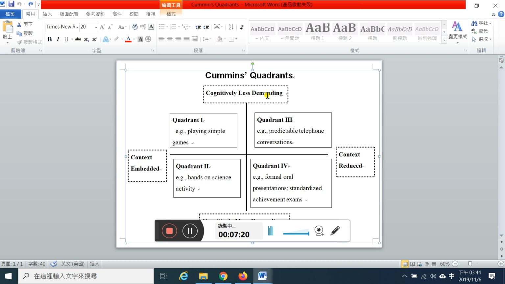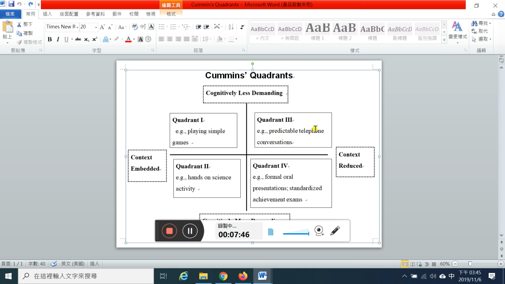Less demanding means more concrete conversation, however, without contextual clues. So we can see predictable telephone conversation. I bet most of you have experience using a second language to talk on the phone, whether for bank issues, technical problems, credit card issues, or medical issues.